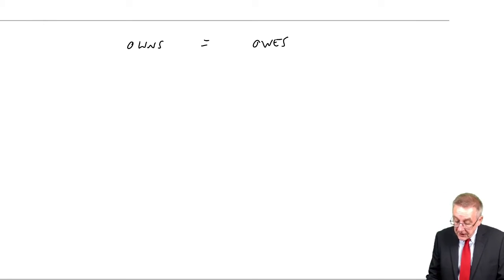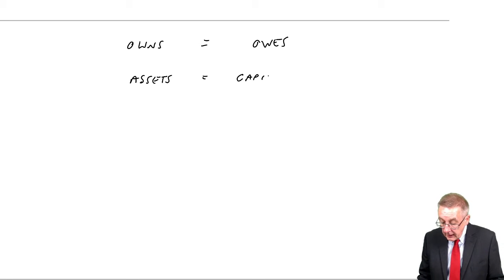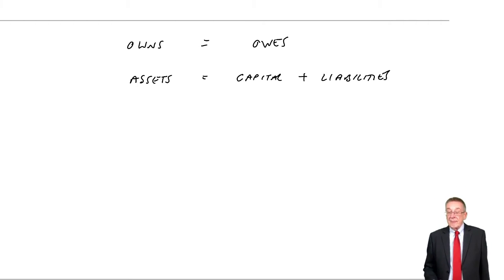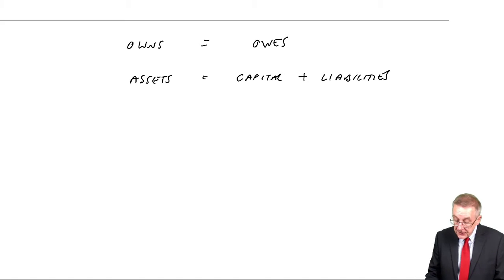What the business owns are the assets, and what the business owes is the capital owed to the owner plus the liabilities, the money owed to other people. Now, I can rewrite that slightly differently if you subtract liabilities from both sides.